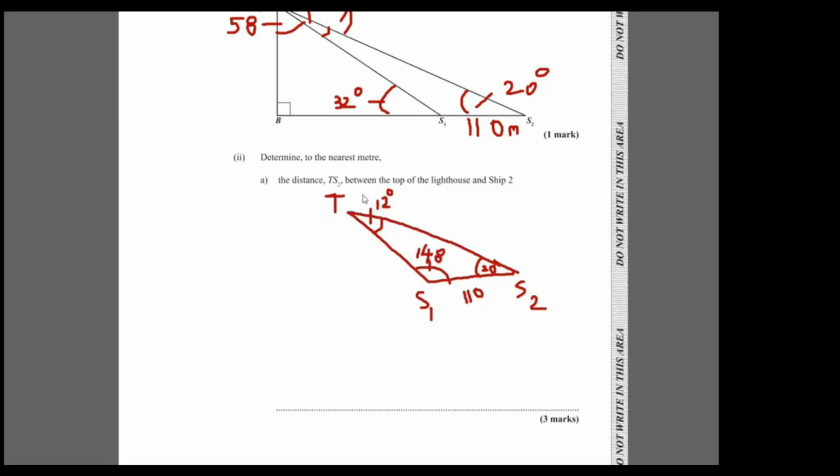Now I'm going to use the sine rule to find TS2. According to the sine rule, TS2 over sine of 148 is equal to 110 over sine of 12.